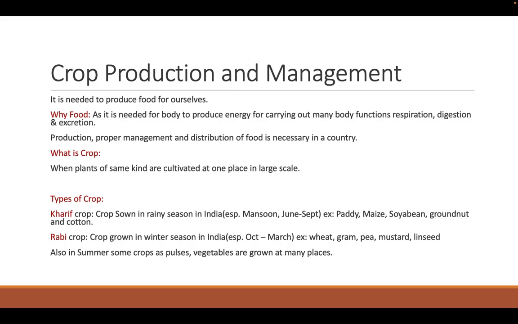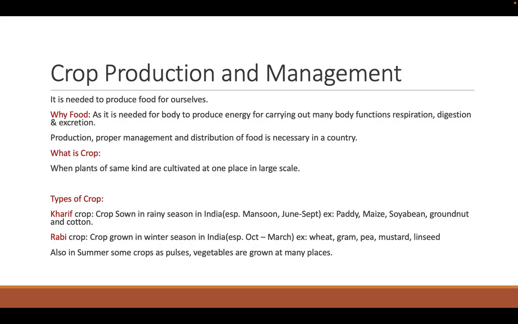Apart from these two main crop categories, there are also some crops developed during the summer season. Mostly, whatever is possible in that season is focused. Summer happens for 2-3 months, sometime between April to June.